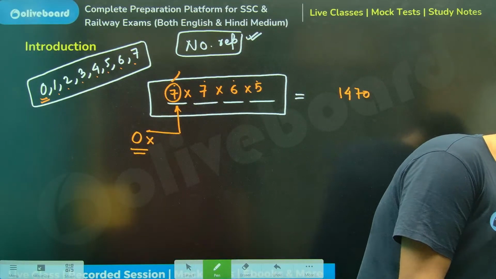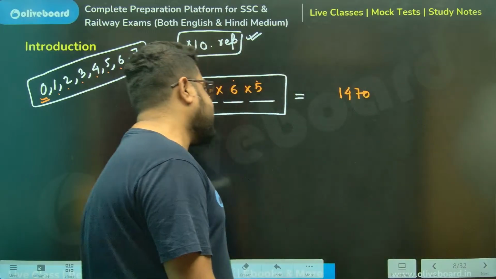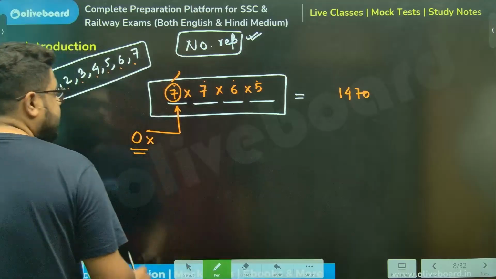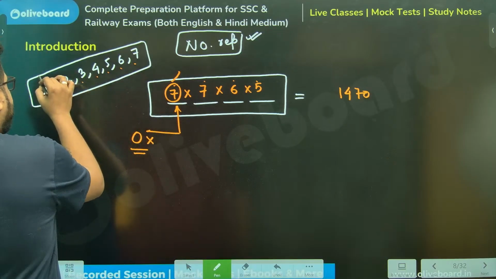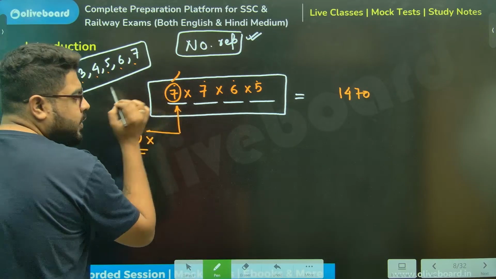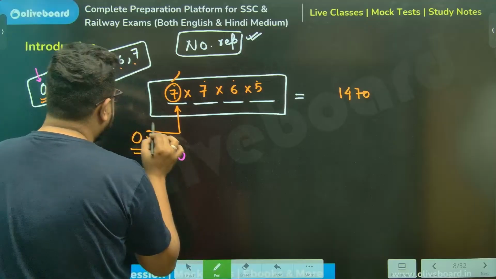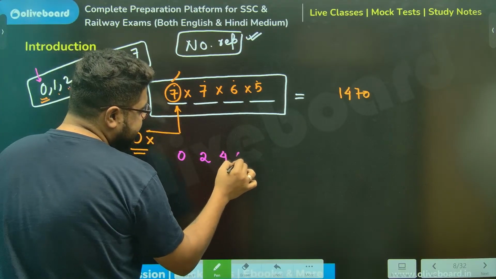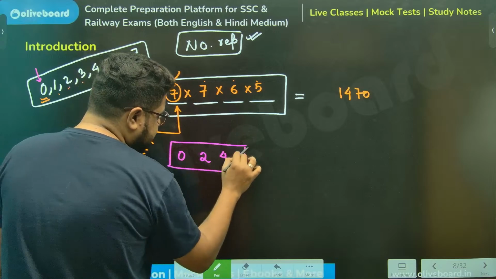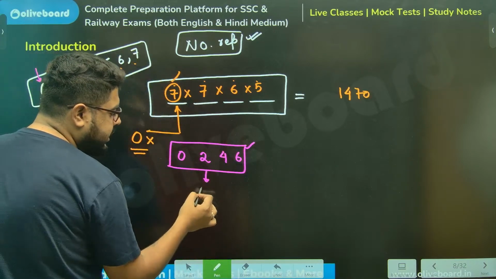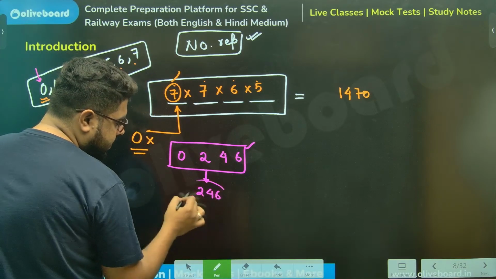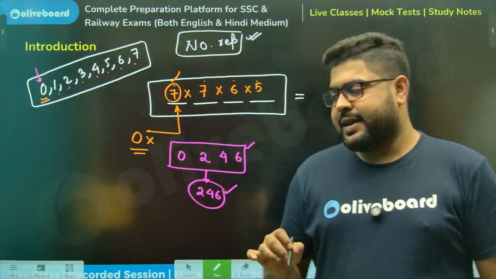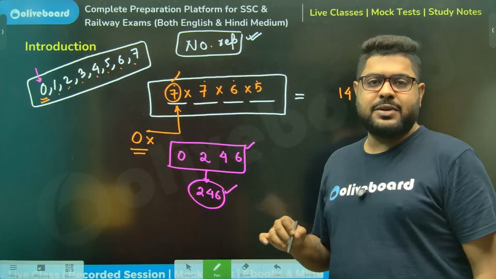Okay? Yeah, Benita, definitely, sister. Just ask. You see, Nita, can I put zero here? Let's say I'm putting zero here, 246 here. 0246. Is it a 4-digit number, Nita? It's actually 246. It is a 3-digit number. So it is not a 4-digit number.